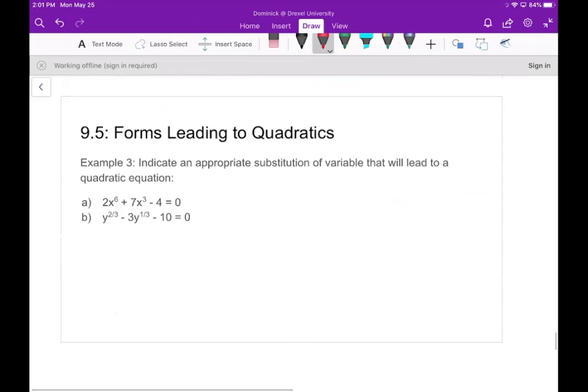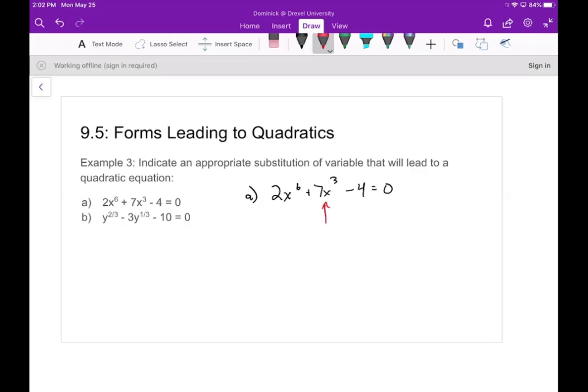So first, in this example, I just want to talk about, well, what's the appropriate substitution that you could make? Right, so you have 2x to the 6th plus 7x to the 3rd minus 4 is equal to 0. Now the way that you can always check is just look at whatever the middle term is. That's your only candidate, right? So here you have an x to the 6th, you have an x to the 3rd, and you have a constant.